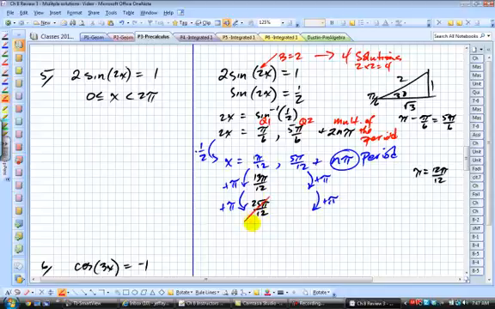So we're not going to count this because it's greater than 2 pi. And then 5 pi over 12 plus 12/12 pi is 17 pi over 12, and then plus 12 more is 29 pi over 12. But once again, this is bigger than 2 pi, so we only have 4 solutions. And here they are right here. 4 solutions total.